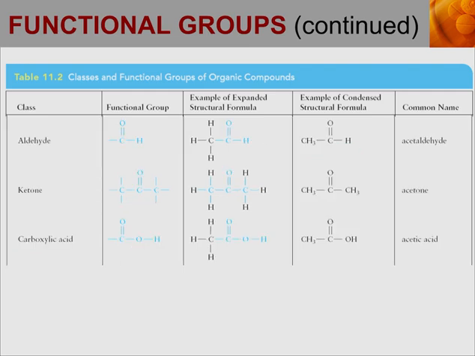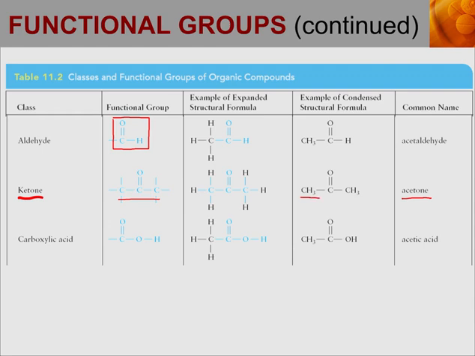We also saw the example of aldehydes. If you have a carbon with a double bond to oxygen and then a hydrogen on one side, that's an aldehyde. You can also have a situation where a carbon has a double bond to oxygen and is in between two carbon atoms. This would be called a ketone. One really common example of a ketone is acetone, which is in nail polish remover.